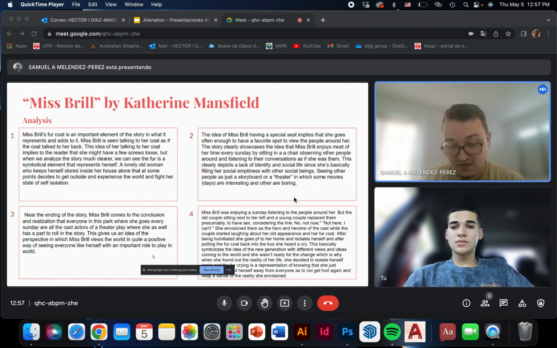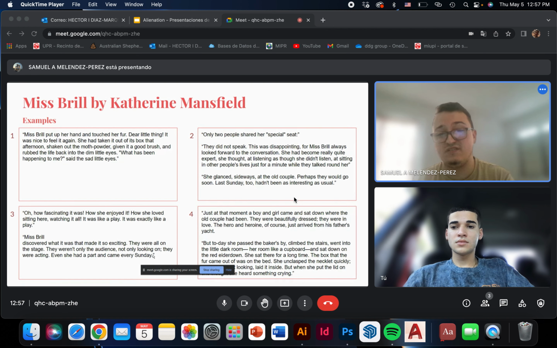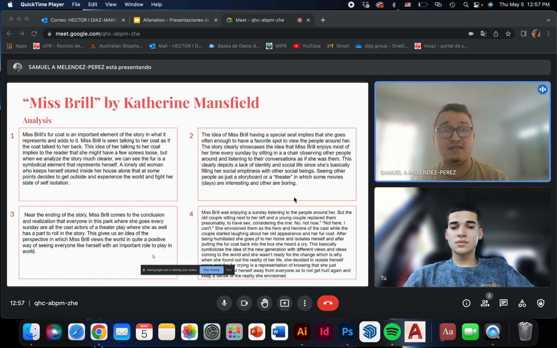The second example is Miss Brill having a special seat. She goes there regularly, exactly every Sunday, and what she does mostly is pass her time listening to other people's lives, which represents the loneliness she has, because she doesn't have anyone to communicate with and doesn't have any social life.